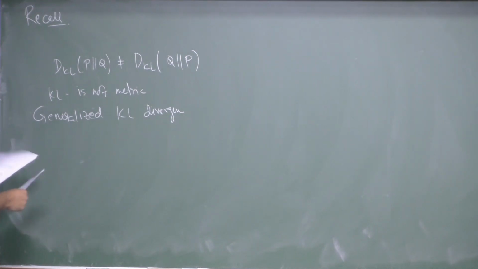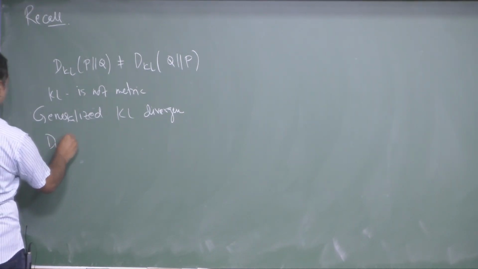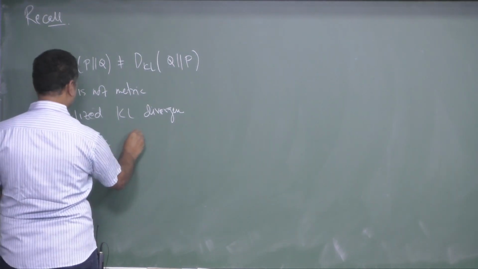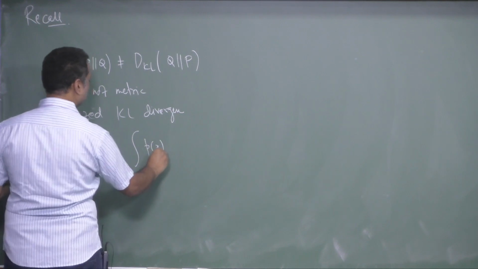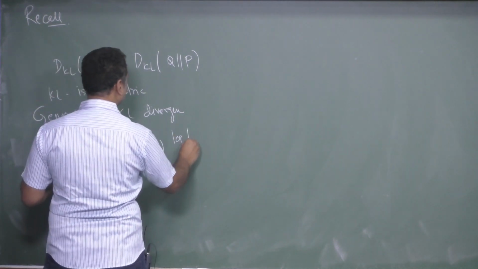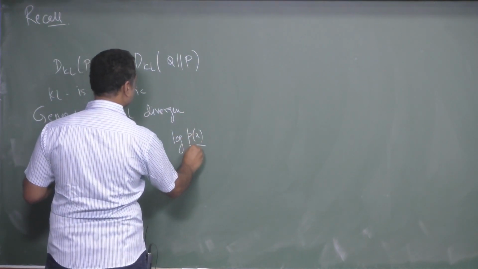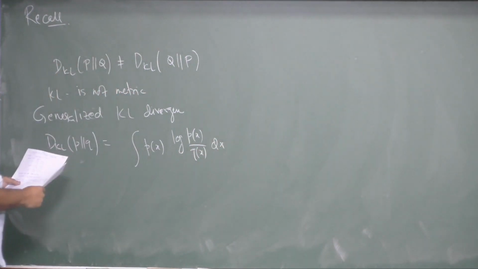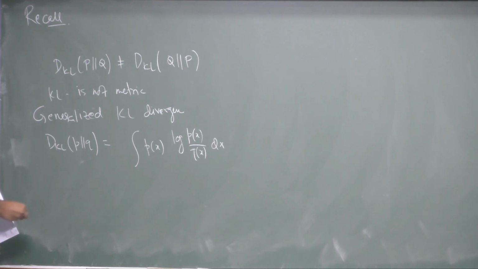Initially, the KL divergence was given to us as P given Q, and if we use the integral form, then it's the integral of P(x) log P(x) by Q(x) dx. So this is a way to measure two probability distributions P and Q.